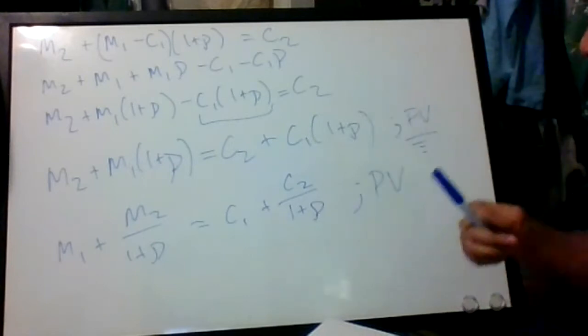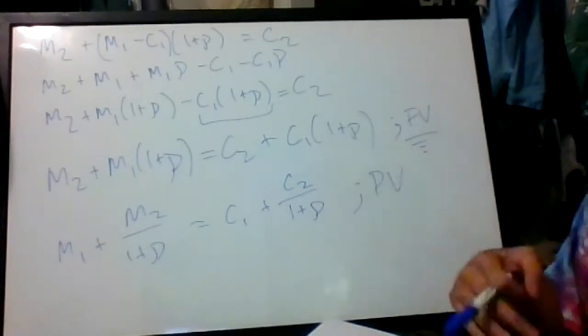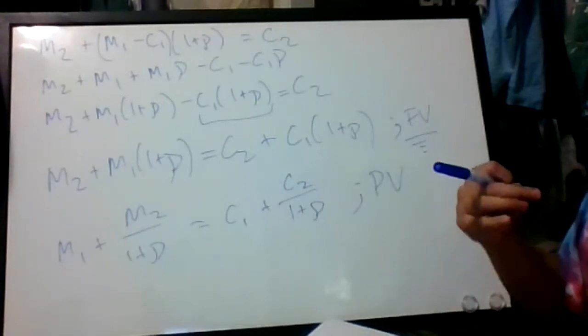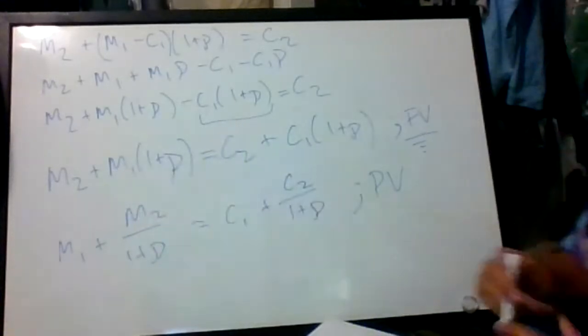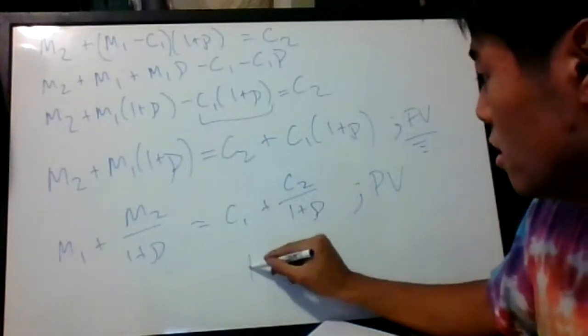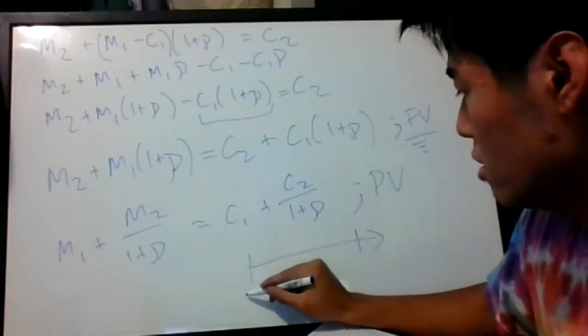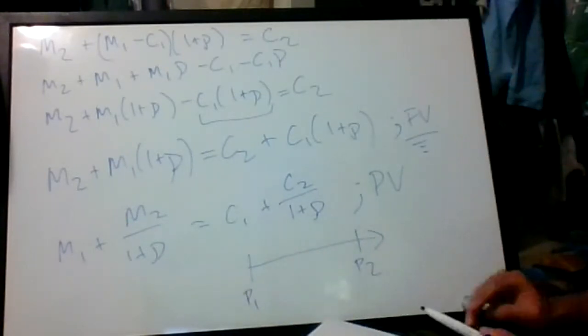And so the way that we can tell whether something is future value or present value is, are we multiplying by 1 plus rho, or are we dividing by 1 plus rho, right? You'll notice that when we multiply through by 1 plus rho, that is what pushes it into the future. I think a way that I can show you this is on a timeline. So let's consider this period 1, and this is period 2, right?